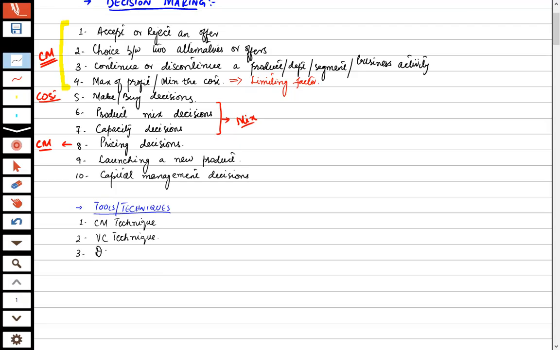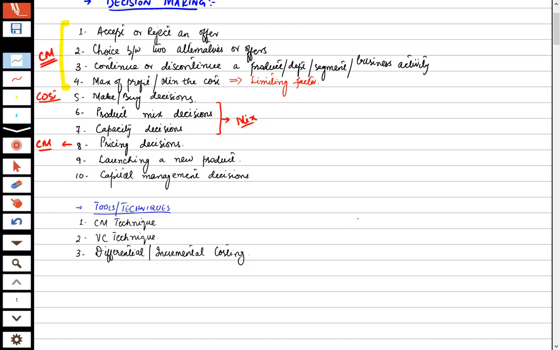Number three would be differential or incremental costing. Differential or incremental costing means how much extra I have to pay.